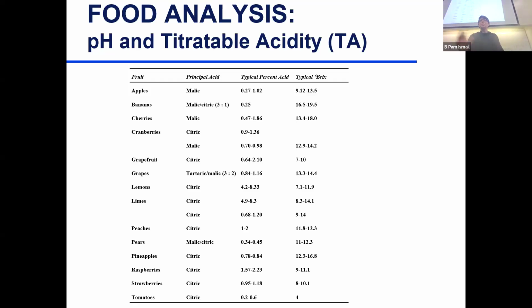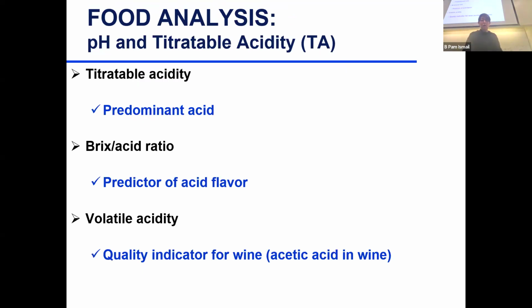So keep things in perspective, the titratable acidity is usually low. And like we said earlier, the titratable acidity is determined based on the predominant acid. There might be more than one organic acid in your food or juice, but we calculate it based on the most predominant acid. The Brix to acid ratio is a predictor of acid flavor and also maturity.